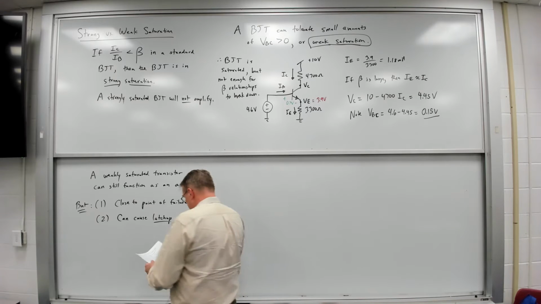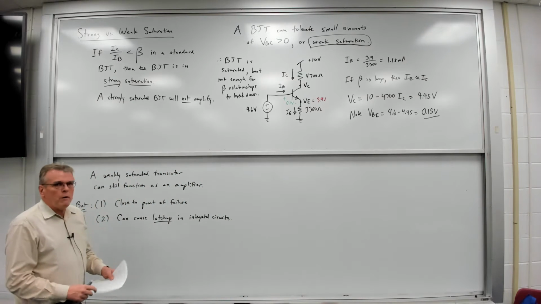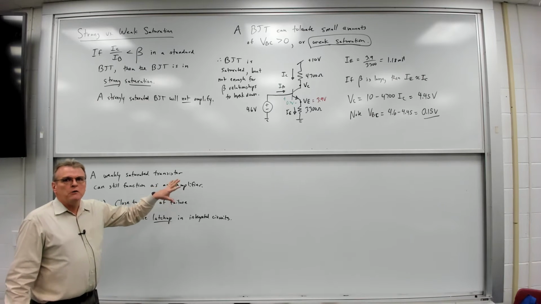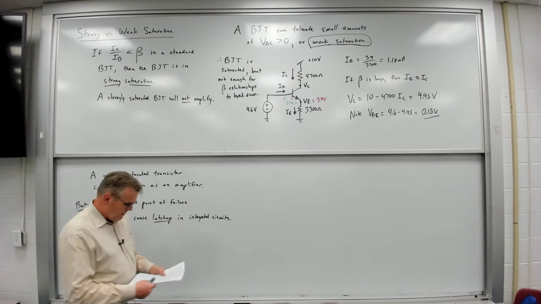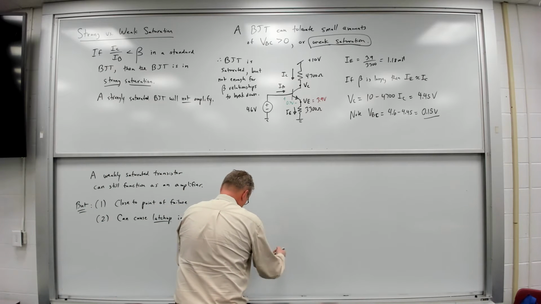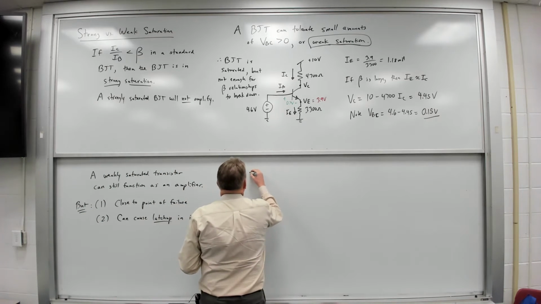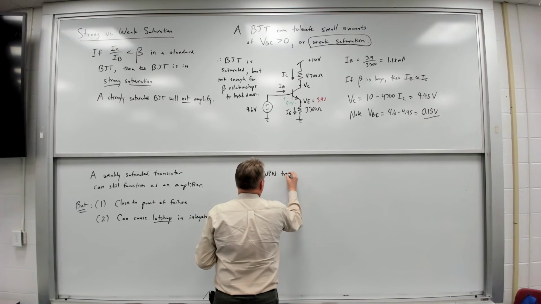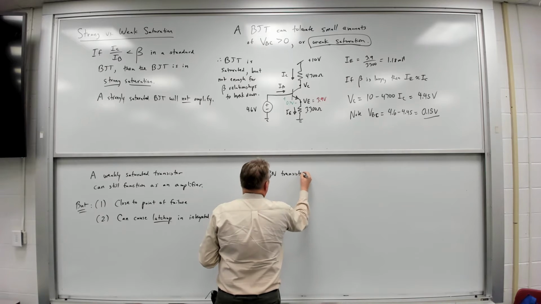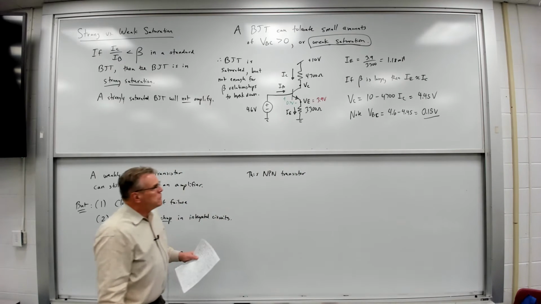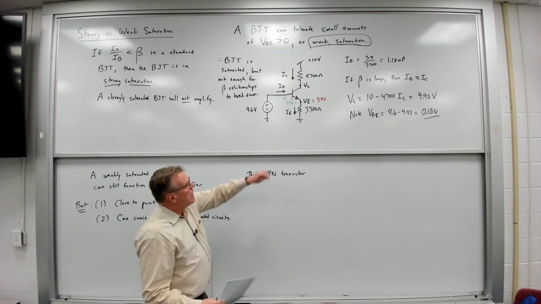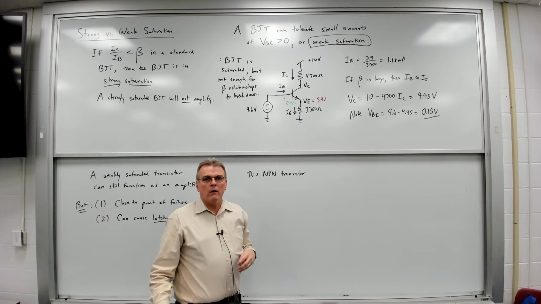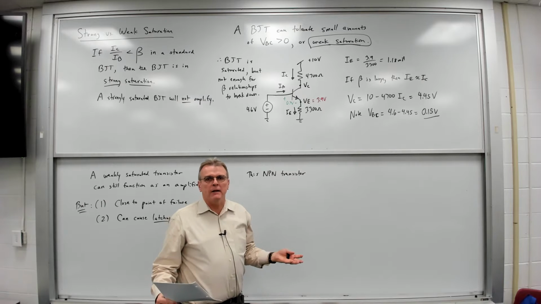All right? Well, how do you know whenever you have transitioned from weak saturation to strong saturation? Well, this NPN transistor we have in this example will enter strong saturation once VCE reaches a critical voltage that we call VCE sat, the saturated value of VCE.